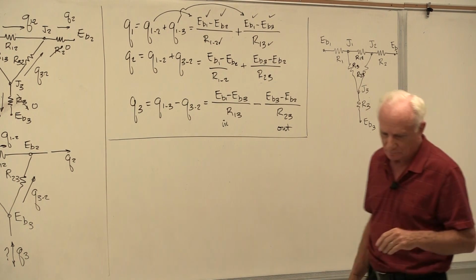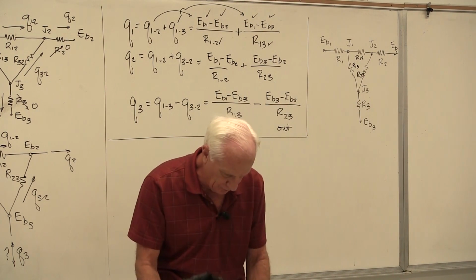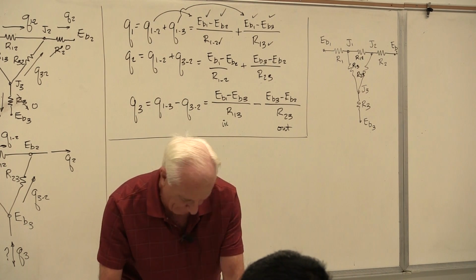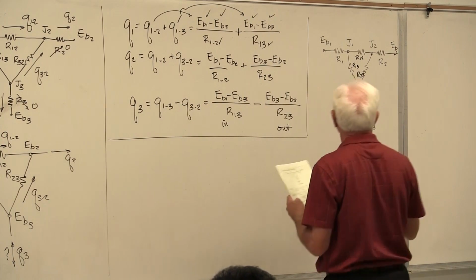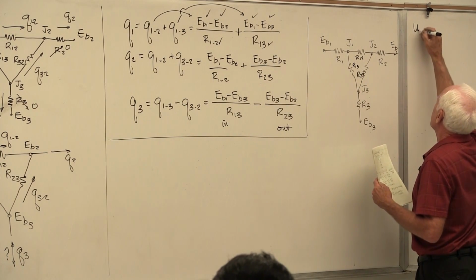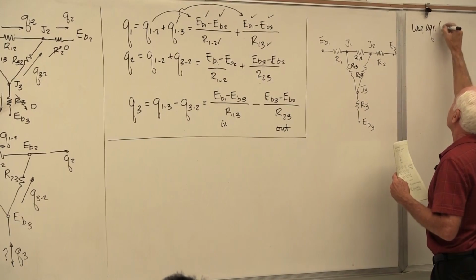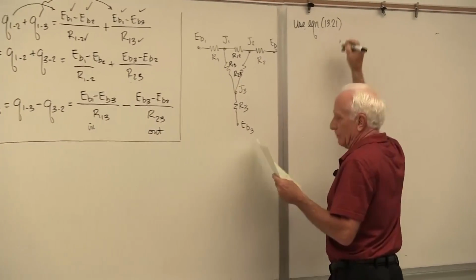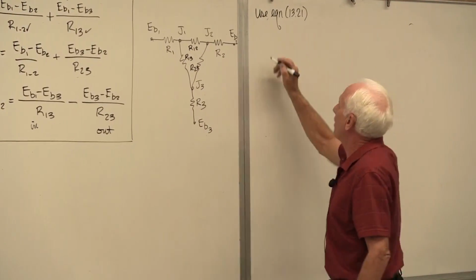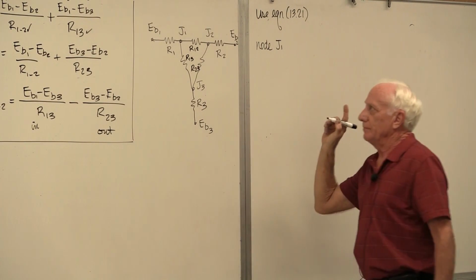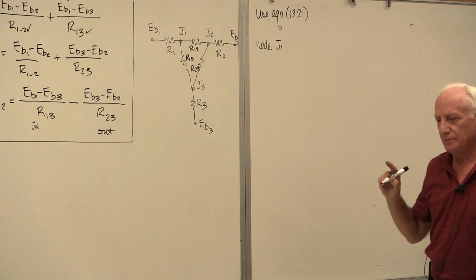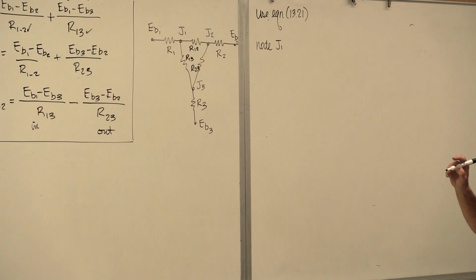So here's what you do. You go to equation 13-21 in the book, and I'm going to write it for node 1, node J1. This is what it says. The heat that comes into node J1 from the surface 1 goes out to nodes J2 and J3.